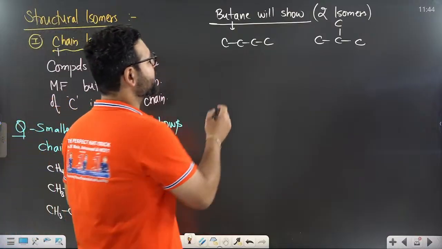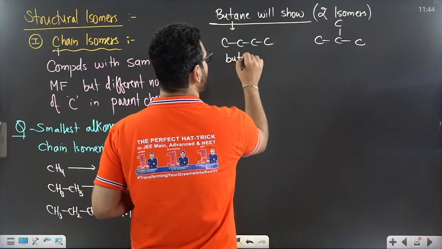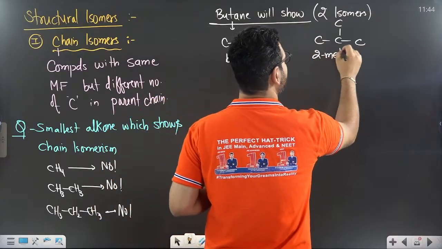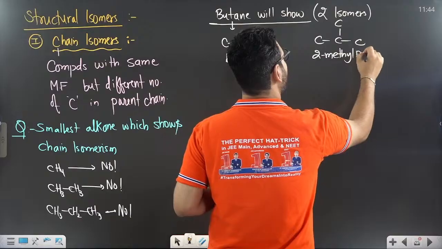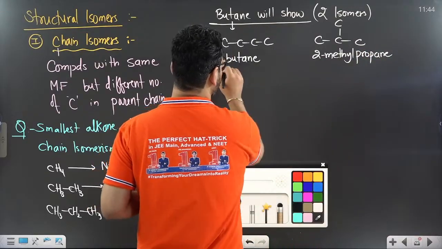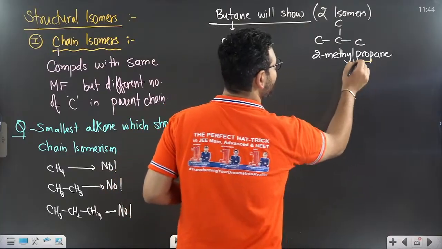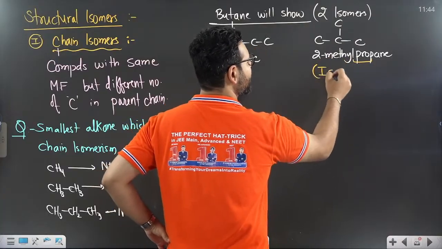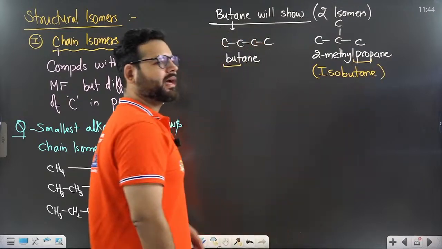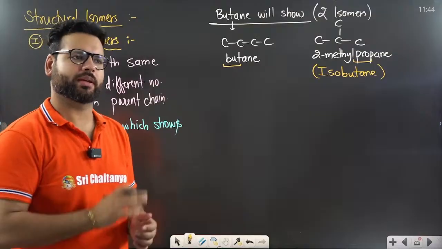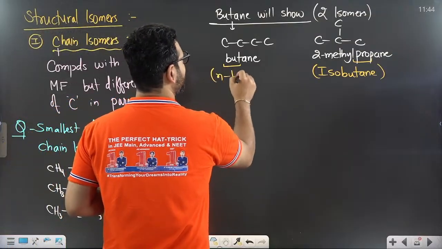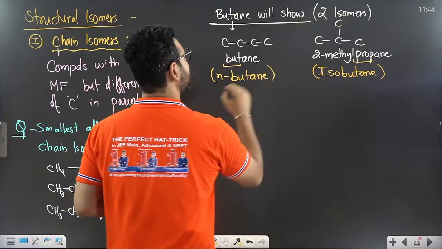As the first one has word root but, the second one has word root prop, 2-methyl propane. So their word root is different. Its common name is isobutane. Please remember this. And the other's common name is normal butane, N-butane. But they are not the IUPAC names. They are just common names.